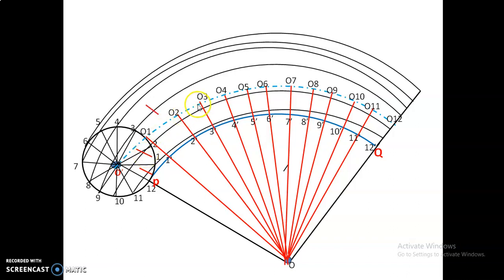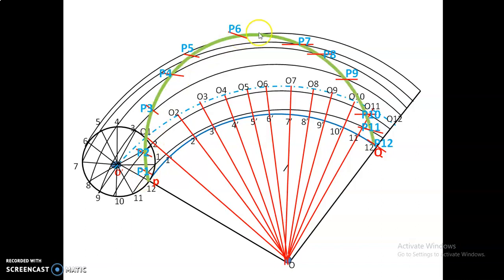Similarly, with center O3, cut the 9-3 arc, and with center O4, cut the 8-4 arc. Similarly, repeat this step for all center points. We get the arcs like this. So this is P1, P2, P3 and so on, P12. If we draw a smooth freehand curve through these points, we get the epicycloid curve.